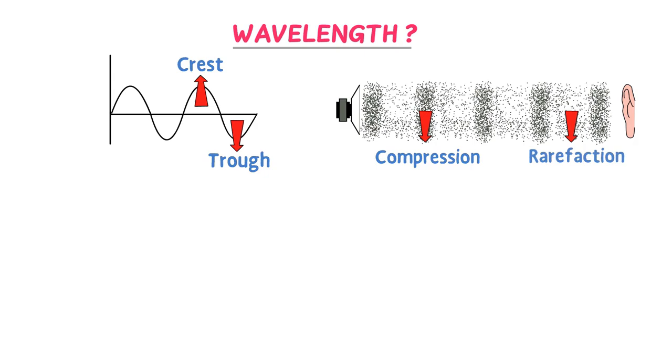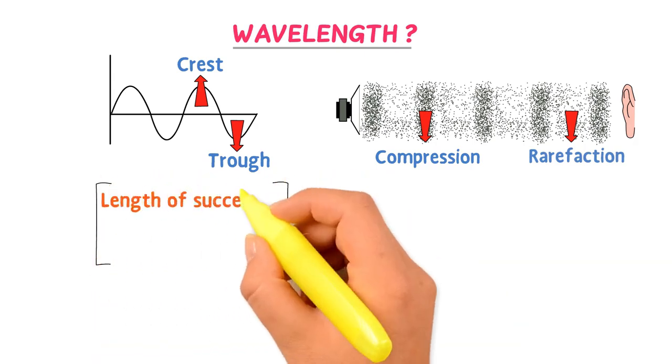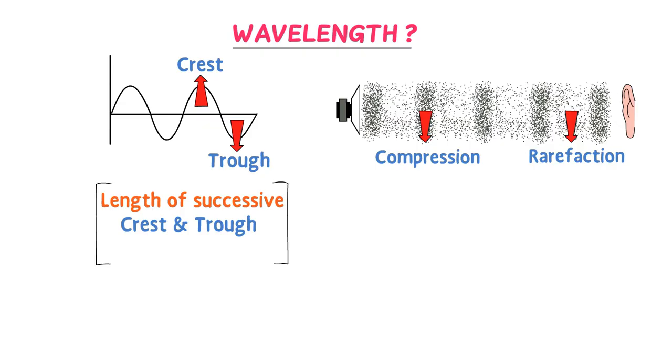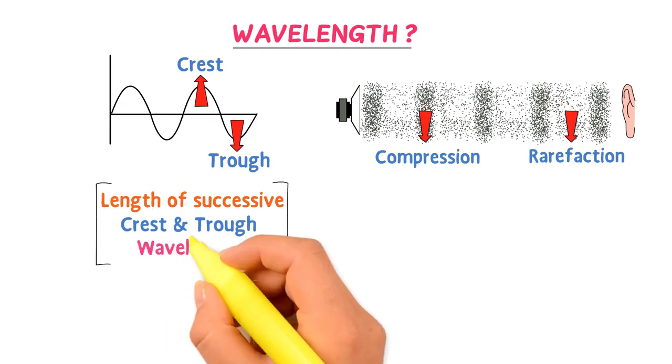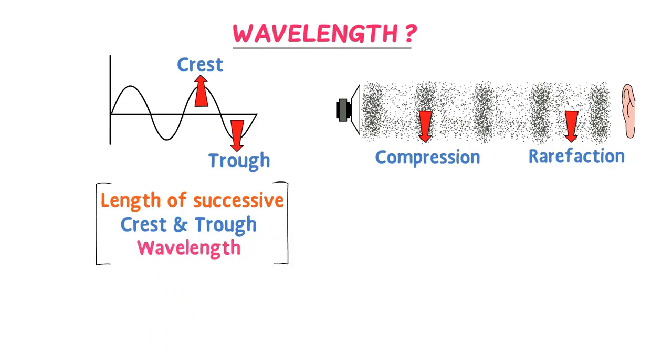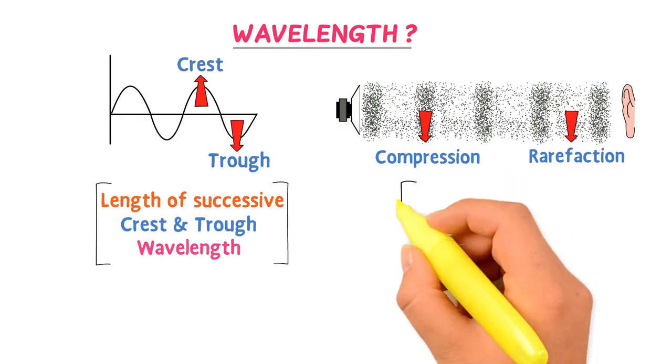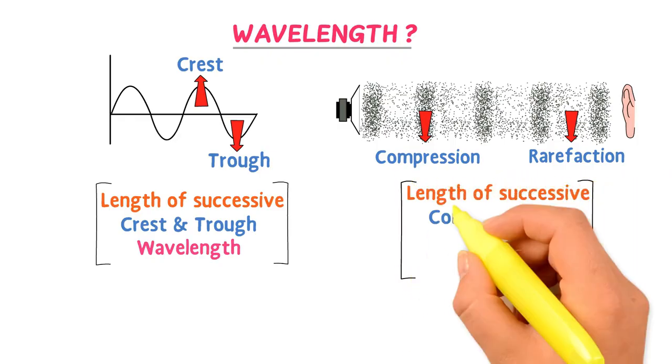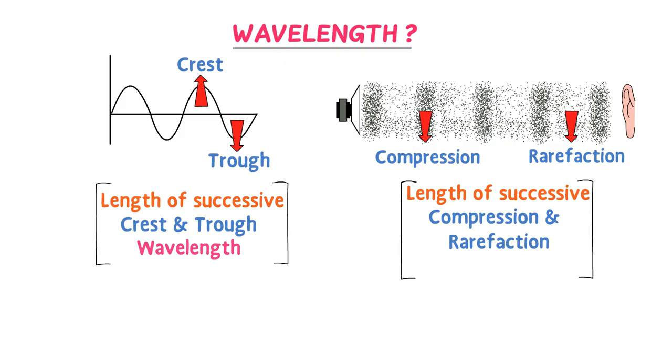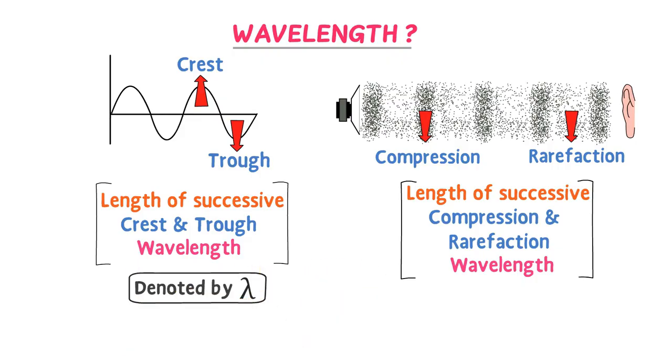In case of transverse waves, the length of successive crest and trough is called its wavelength, while in case of longitudinal waves, the length of successive compression and rarefaction is called its wavelength. Wavelength is denoted by the Greek letter lambda. Its SI unit is meter.